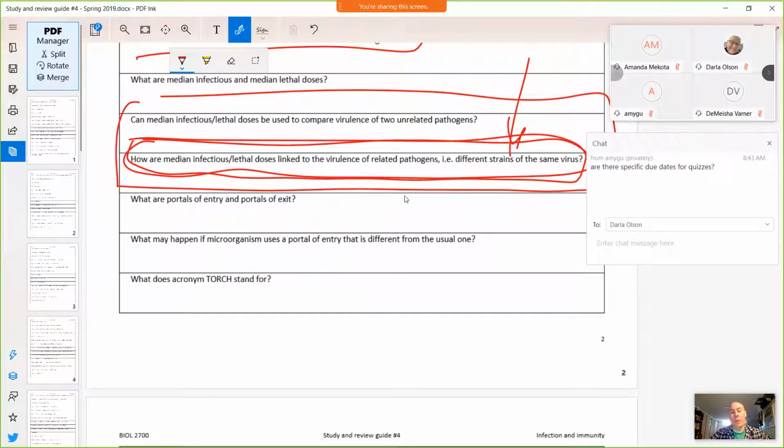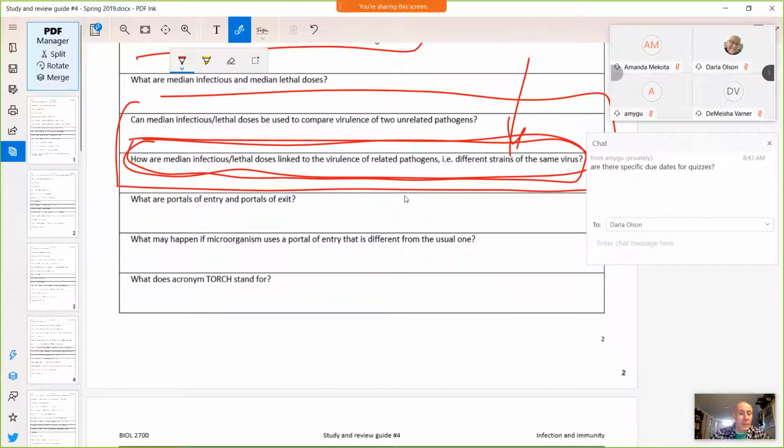Portals of entry, portals of exit. Oh yeah, there was some kind of a glitch here. We don't talk about any particular specific portals of entry, portals of exit. So just know portal of entry is where the microorganism gets in, and portal of exit is where it gets out, things like blood or respiratory tract or urine, stuff like that.